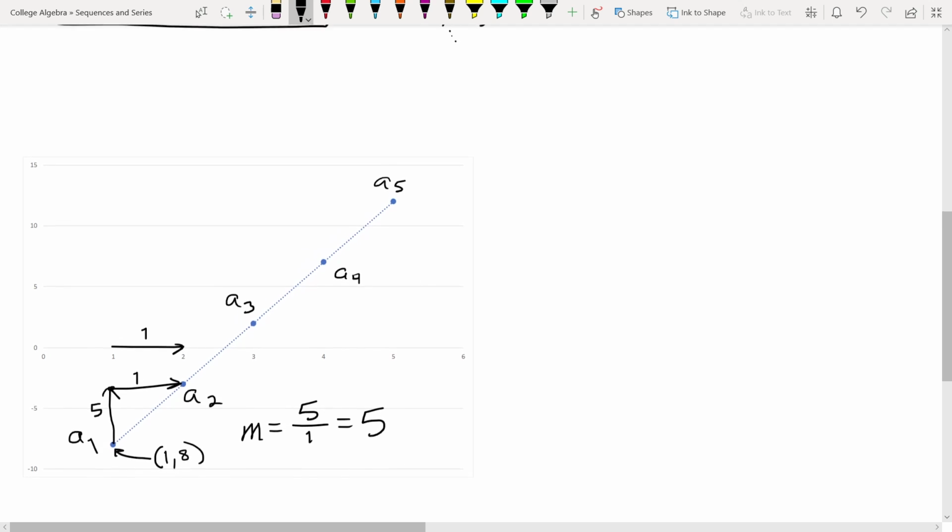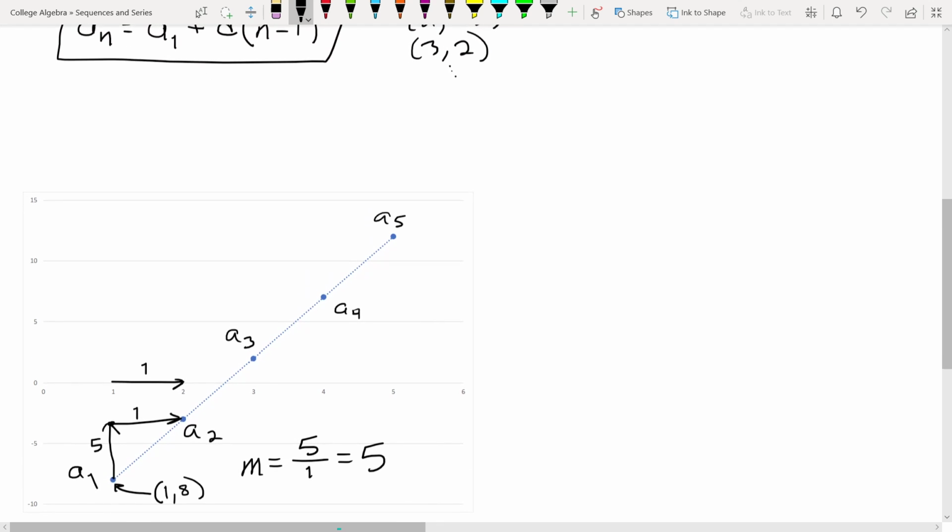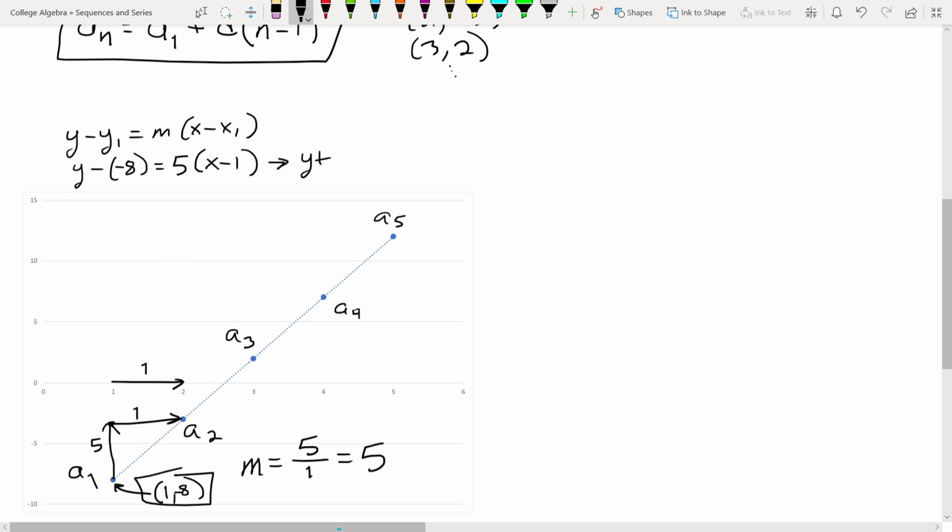So we can use the point-slope formula for this. That gives us y minus y1 equals m times x minus x1. Plugging in our point, which is (1, -8), and our slope 5 gives us y minus -8, this is -8 here, not positive 8. y minus -8 equals 5 times x minus 1. And that becomes y plus 8 equals 5 times x minus 1.